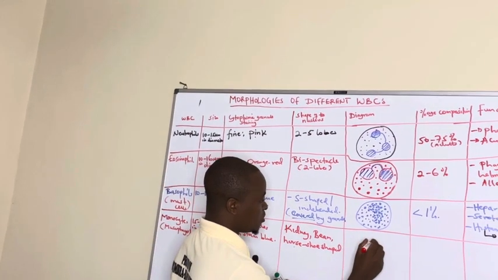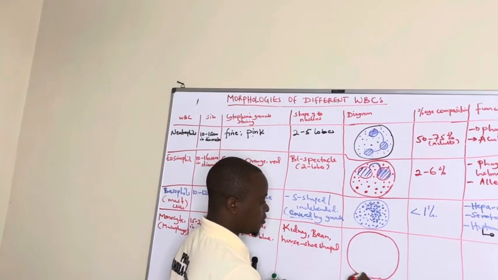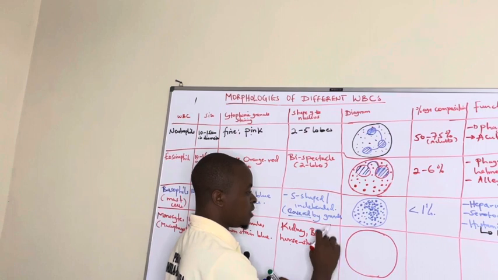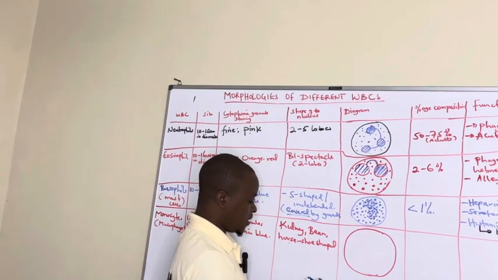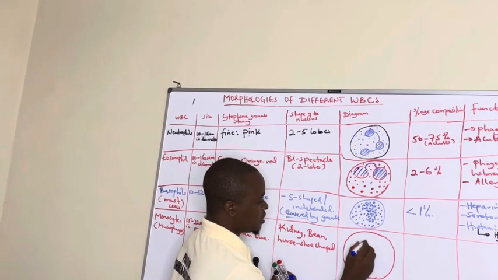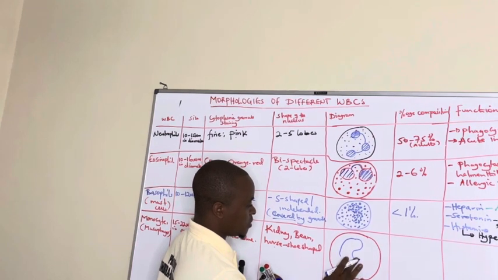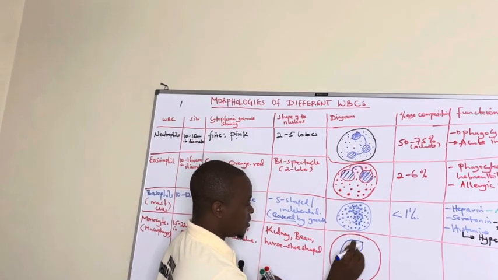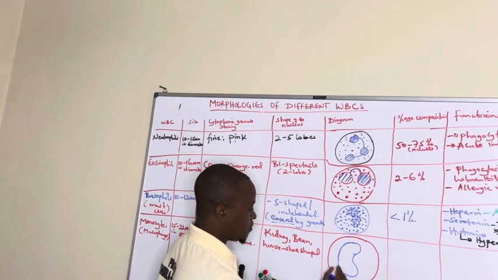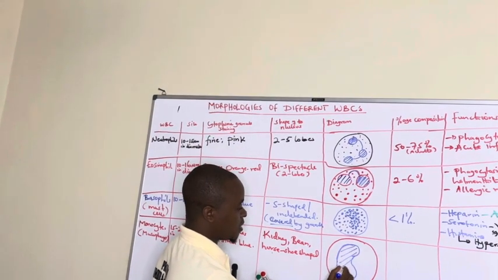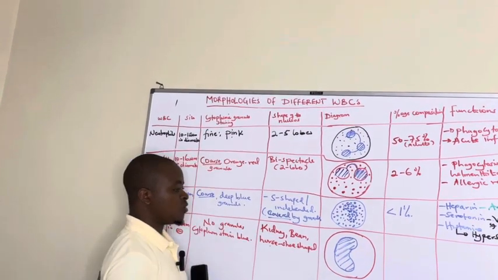If I am to draw the structure, it is the largest of all. Sometimes the outline is irregular. But the good news is that the nucleus is eccentric, and bean-shaped, with a clumped chromatin pattern and no granules in the cytoplasm.